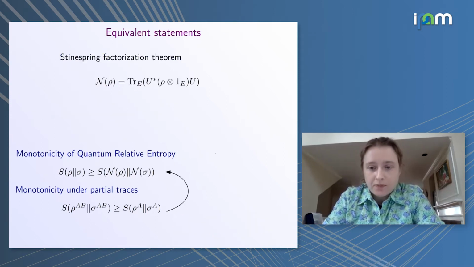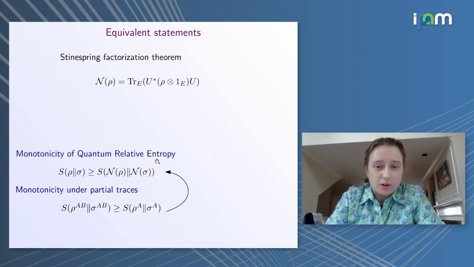The interesting result, of course, is how do you go back from the partial trace to the general quantum channel? I mean, the partial trace is a partial case of a quantum channel, but how do you go back? And the way you go back is through the Stinespring factorization theorem that says that any completely positive trace preserving map can be viewed as a partial trace on a larger system.